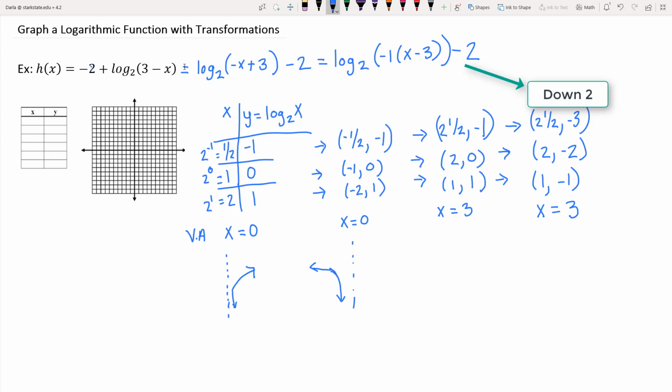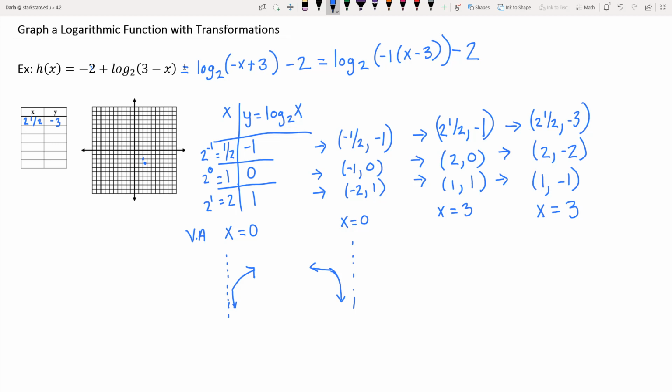Now we just need to graph the 3 key points that we got through using transformations. So we have (2.5, -3). We have (2, -2).